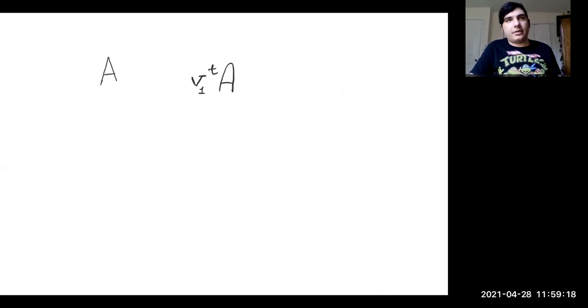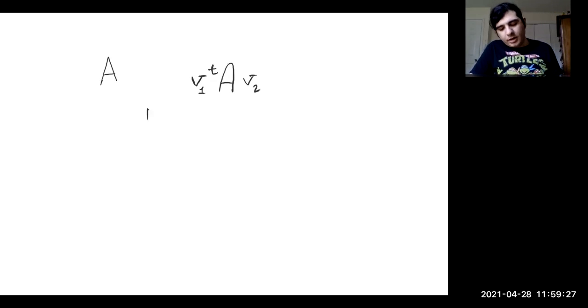Now we have this matrix A, which is symmetric and n by n, right? Let's consider this quantity. Let's consider V1 transpose, which would be a 1 by n matrix, and multiply that by A, an n by n matrix, and then multiply that by V2, which is an n by 1 matrix. So it makes sense, right?